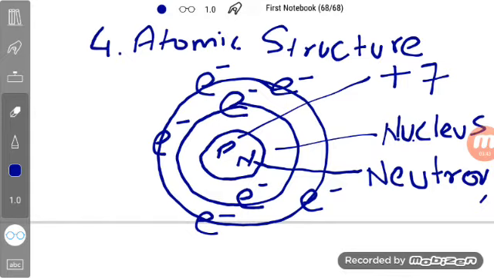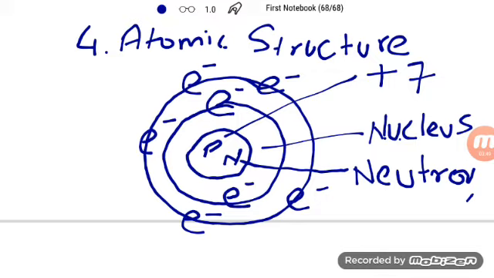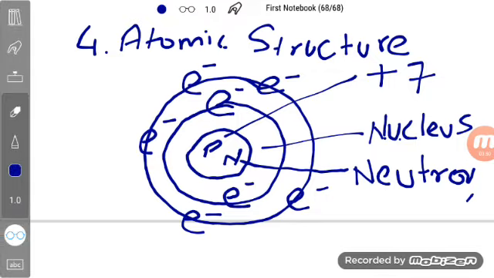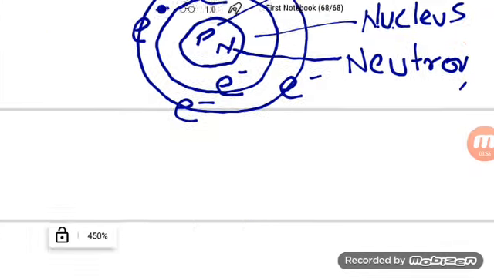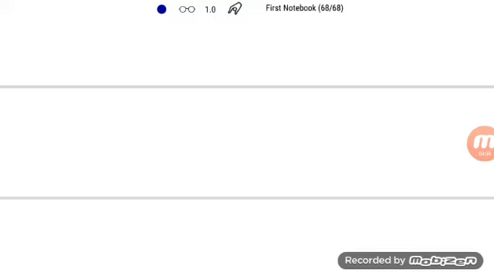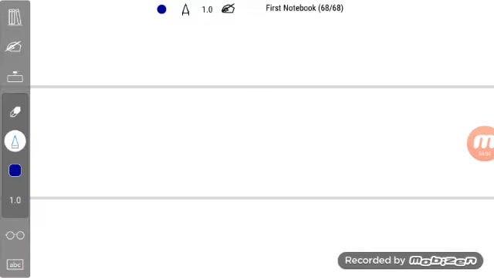Now let us draw the atom of carbon. Now you know, students, in carbon, first I am drawing the nucleus, a bigger nucleus, so that I can show you the number of protons and neutrons there.